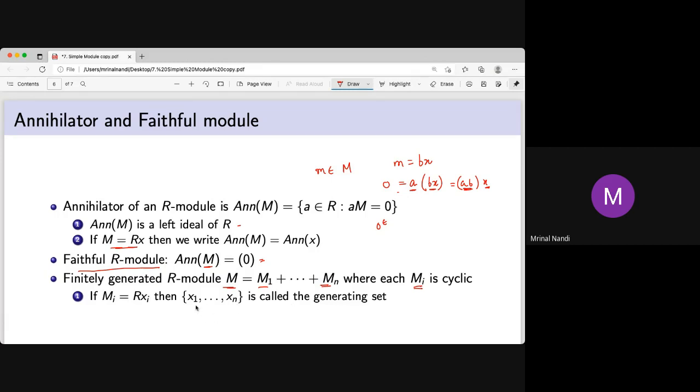In that case, we say x1, x2, up to xn is a generating set of M. So M is finitely generated if there is a finite set which generates M. That means every element of M can be written as a linear combination of this finite set. That is nothing but the sum of M1 up to Mn, where M1 is generated by x1, the set of all Ax1 is M1, the set of all Ax2 is M2, like that. So it is finitely generated.